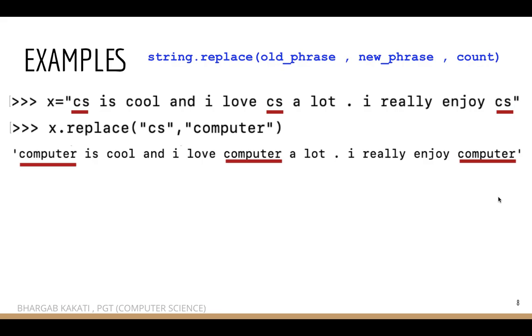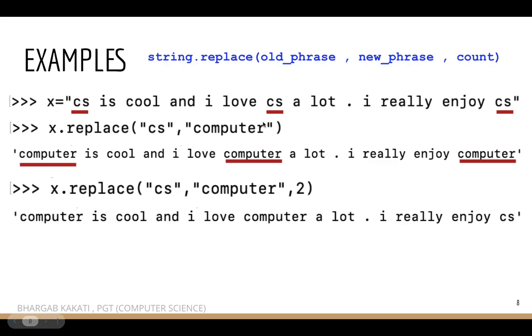In the next example, let us see another variation. If I write x dot replace CS comma computer comma 2, now what will happen? Now here how many times CS occurred? CS occurred 3 times, but out of 3 times, this is the value of count. If you compare it with the syntax, this is the value of count. Since the value of count is 2 here, so what will happen?